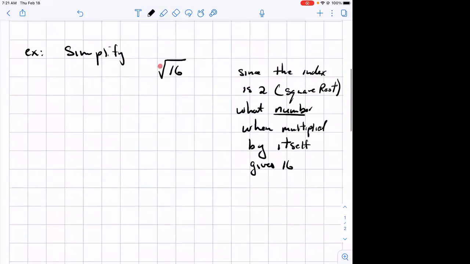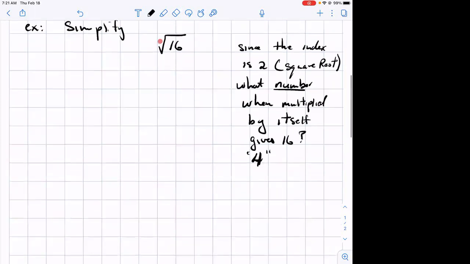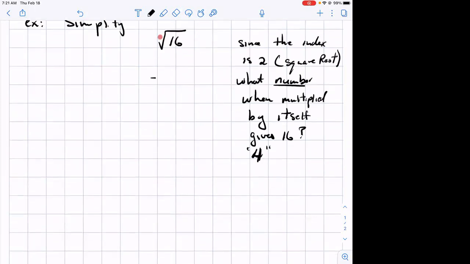That number is 4. If you take 4 and multiply it by itself, you get 16. So the square root of 16 is 4.